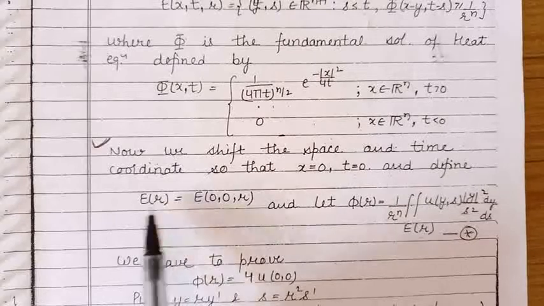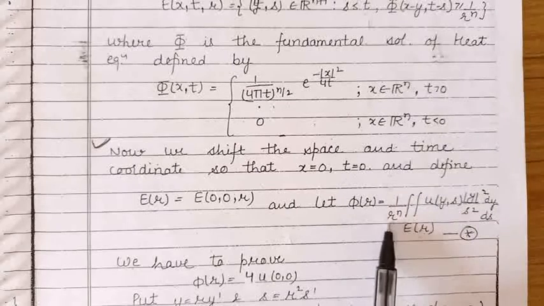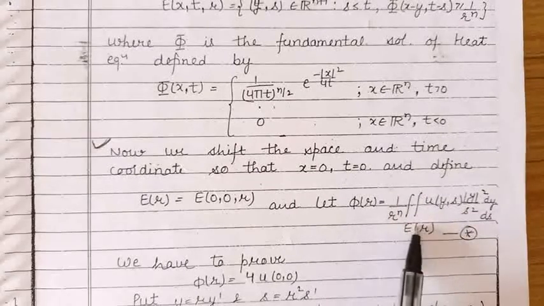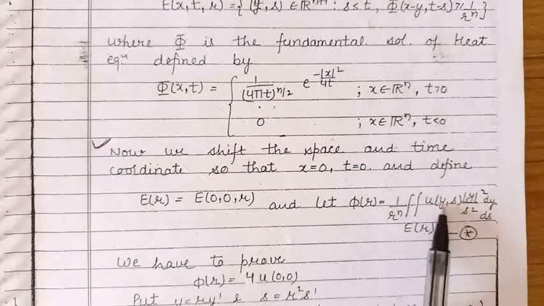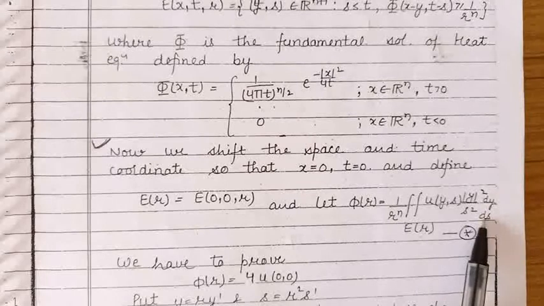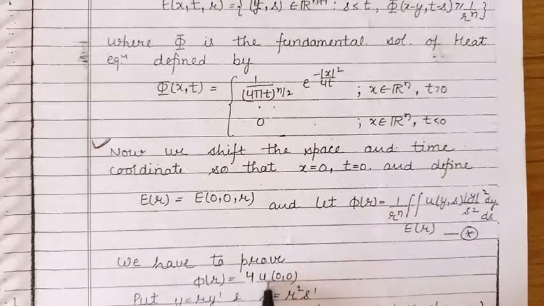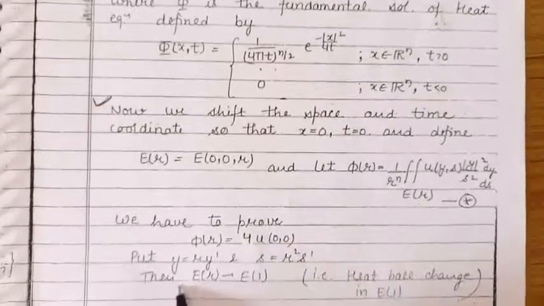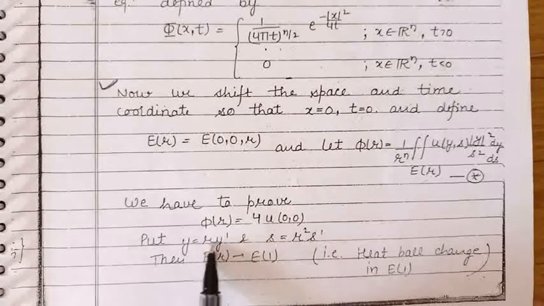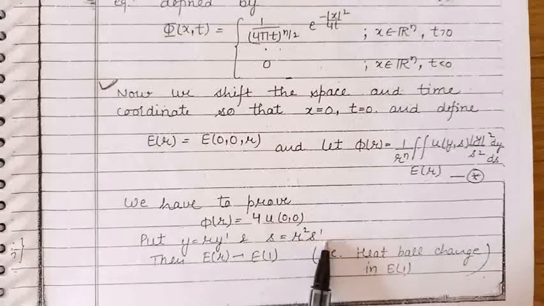And let us define a function phi which is 1 upon r to the power n into the double integral of u at (y, s) into |y| square upon s square dy ds. Now we are to prove that this function phi is equal to 4 times the value of u at origin. To prove this, let us put y equal to r into y dash and s equal to r square into s dash.